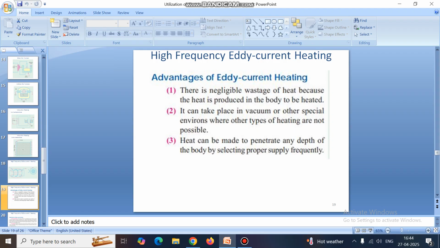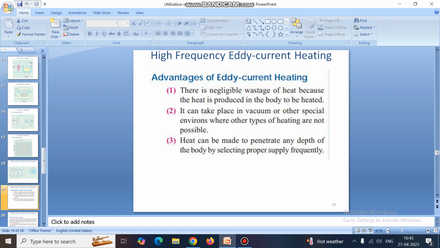Advantages of high frequency eddy current heating. First advantage is there is negligible waste of heat, because the heat is produced in the body to be heated. That means the slab you wish to heat up is directly heated. Number two, it can be placed in vacuum or other special environments where other types of heating are not possible.